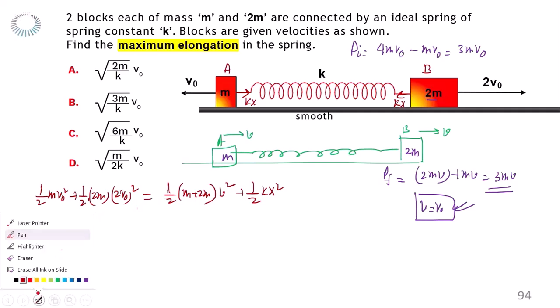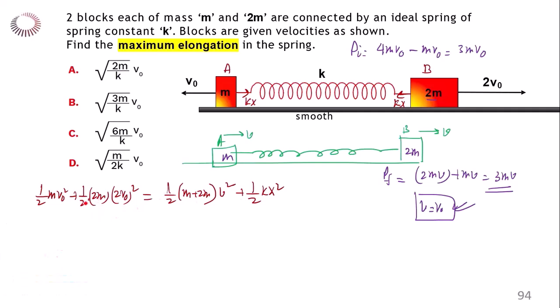Once we simplify, cancelling all the half, ultimately this is mv₀² plus 2m into 4, that means 9mv₀². That should be equal to 3mV² plus k into x².